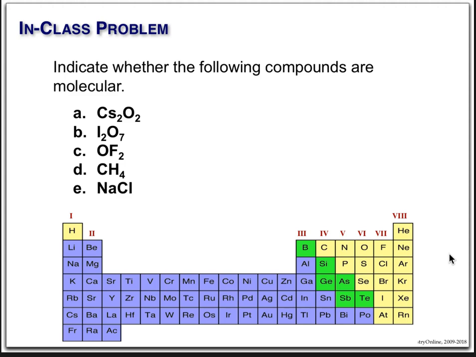Cesium is a metal, very, very explosively reactive with water. But it's a metal. Therefore, it's ionic.